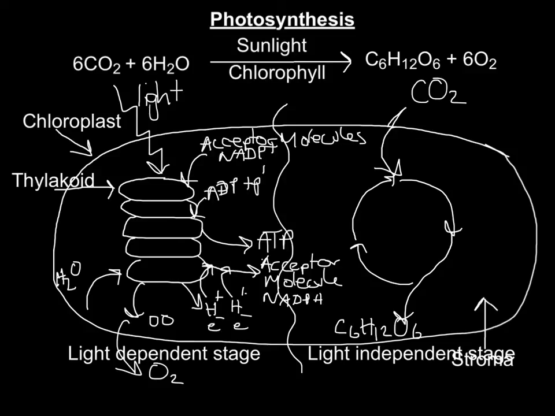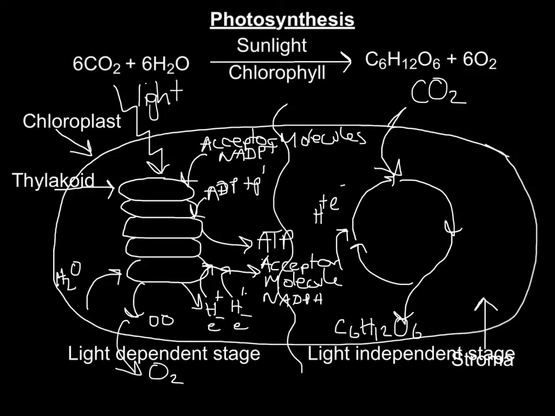So our acceptor molecules that have come into the system, what they'll do is they'll drop off the hydrogen ions and the electrons. And they'll actually be integrated with the carbon dioxide, and through a number of specialised processes, they're used to turn that into glucose.